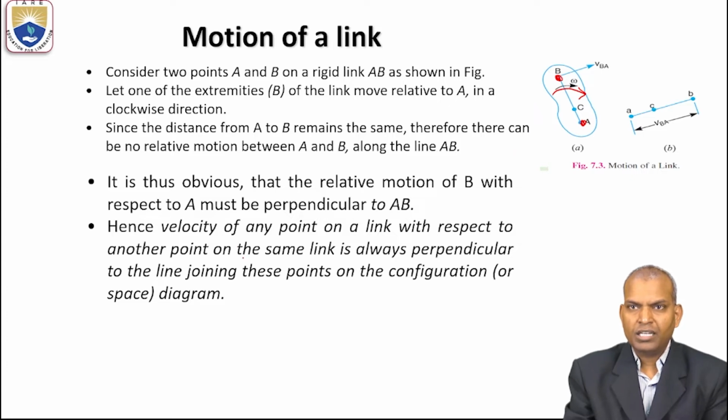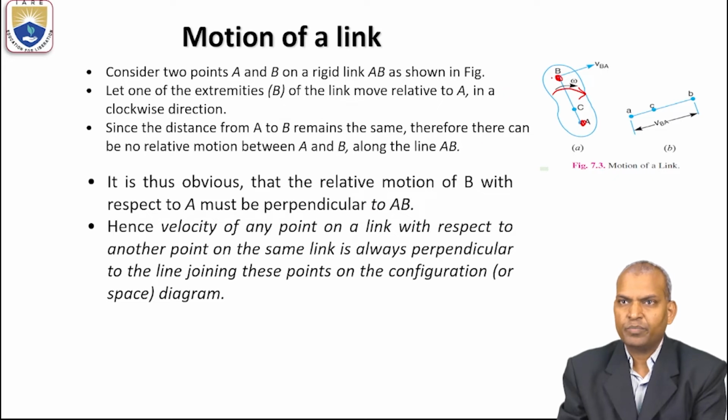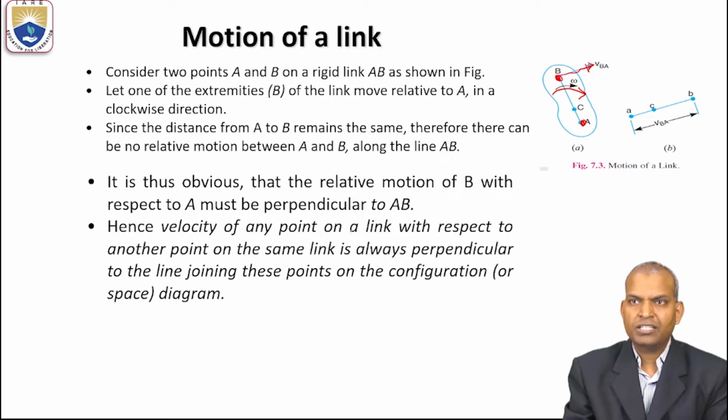Now, the relative motion of B with respect to A must be perpendicular to AB. That's why we have represented the velocity of B with respect to A as perpendicular to link AB. That is very important.